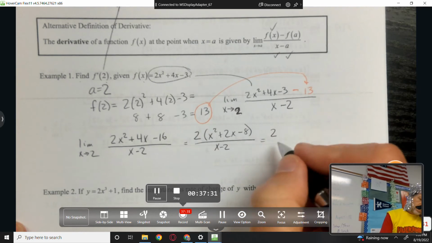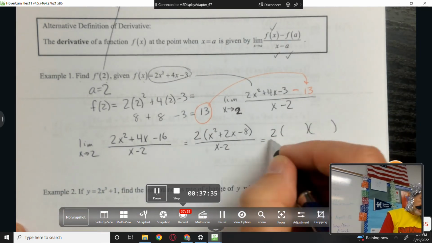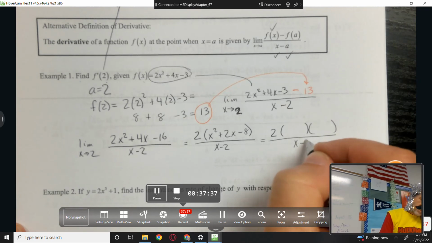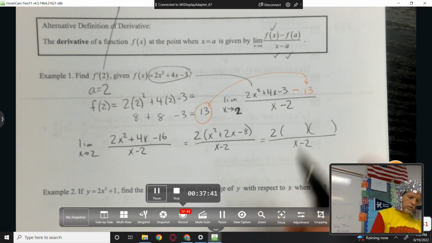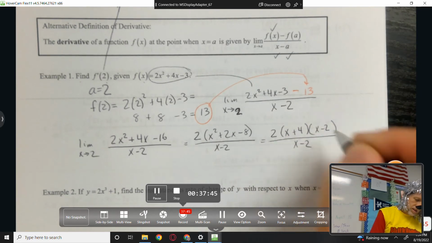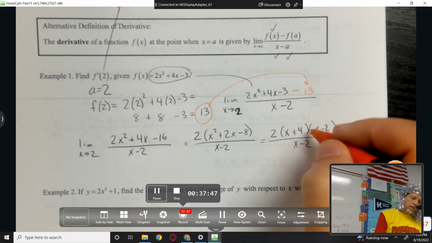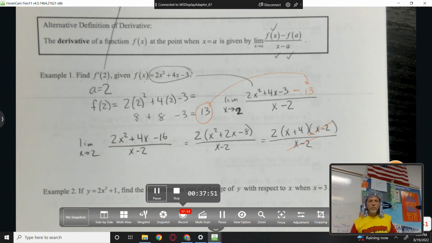And you see I've dropped my limit statement. Let's see, factor that. I hope x minus 2 is one of the factors. And it is. So the x minus 2's go away.